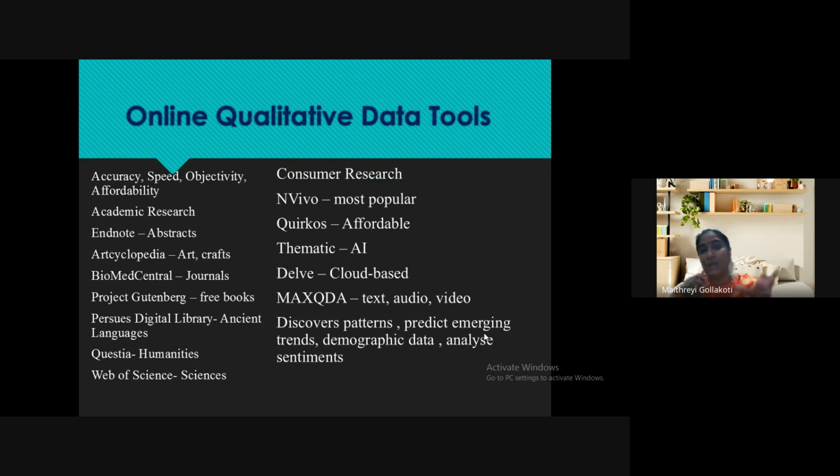Like that, it tries to analyze the sentiment of the consumer so that the product can be available at that time so that the sales will be boosted. See, it helps the economy, it helps the business, it helps making policies. So this is how qualitative data tries to help the researcher.